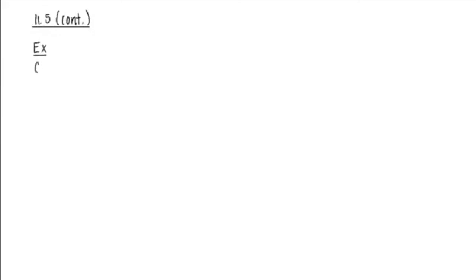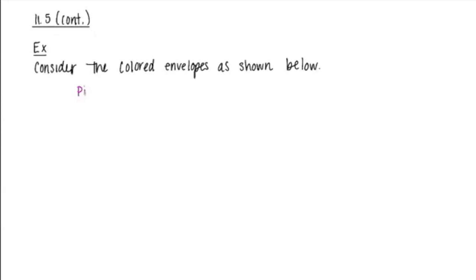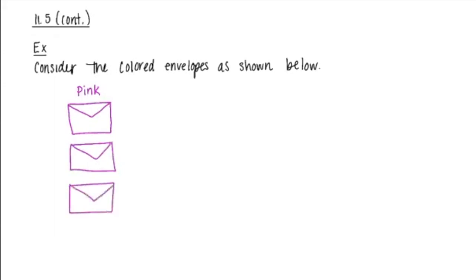So we're going to consider the colored envelopes as shown below. So we've got 4 groupings. I will label them. We've got envelopes that are pink, and we have 3 of those. I don't need them to be perfect. 1, 2, 3 envelopes that are pink.